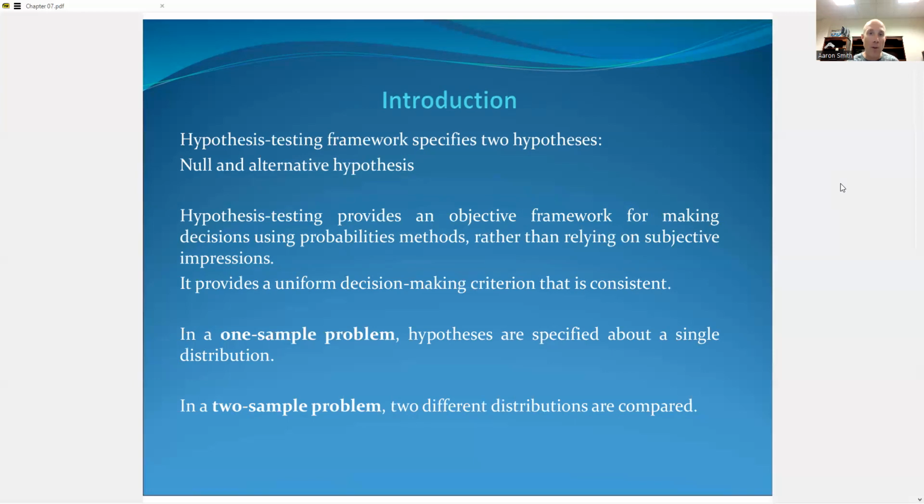In hypothesis testing, we're trying to set up a decision, one or the other type of decision, two possibilities. And in hypothesis testing, we want to have a complete, full understanding of what's going on when we make a decision. That sounds like a very trivial statement, but what we're getting is a full, complete understanding of what happens when we make a mistake.